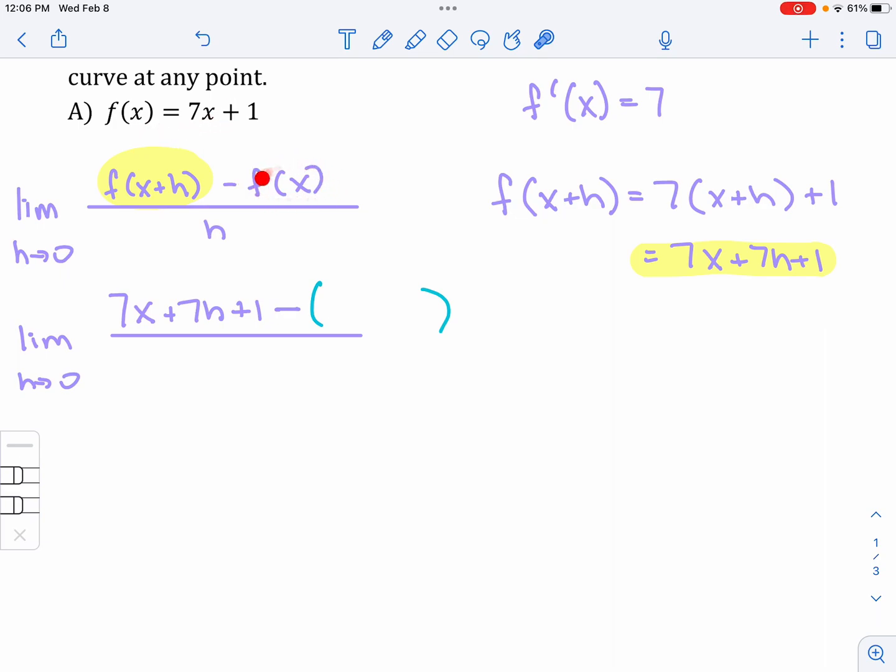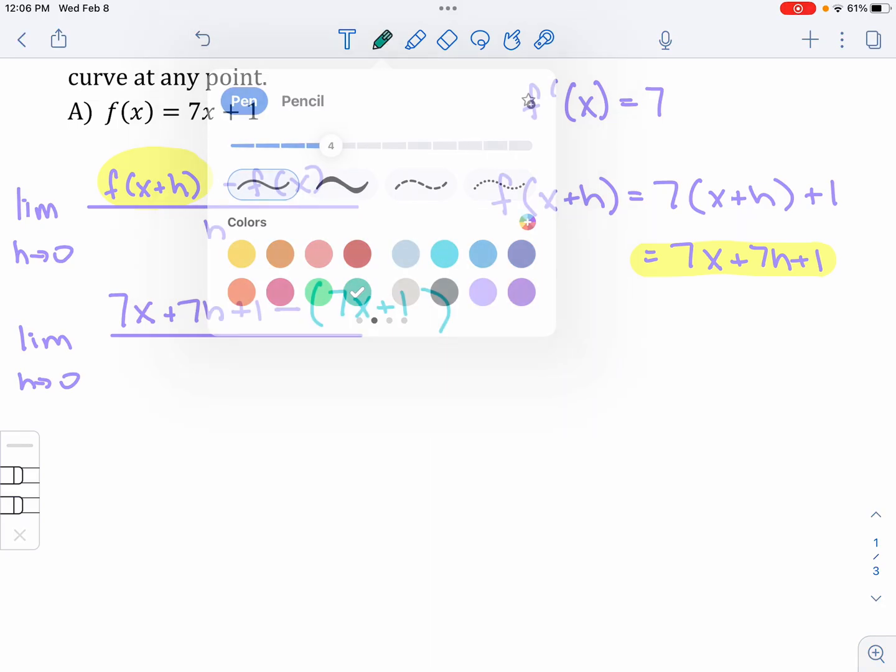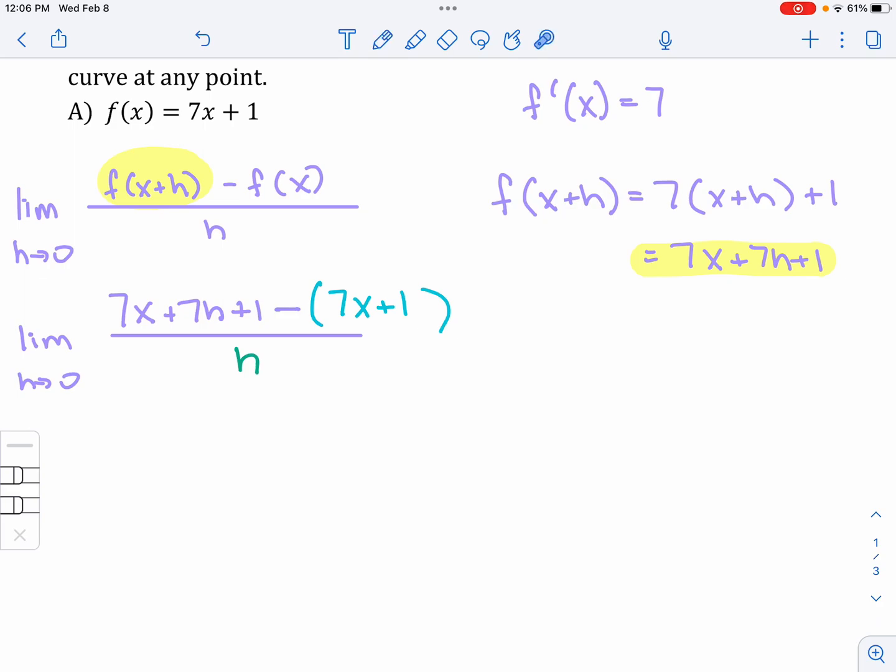So wherever I see f of x, I'm going to replace it with 7x plus 1, and then just a little h downstairs, because again, that's what the formula tells us. So plug in x plus h into the equation. I always do that on the side. Replace what you get into the top part of the equation, subtract the original function, and then divide by h.